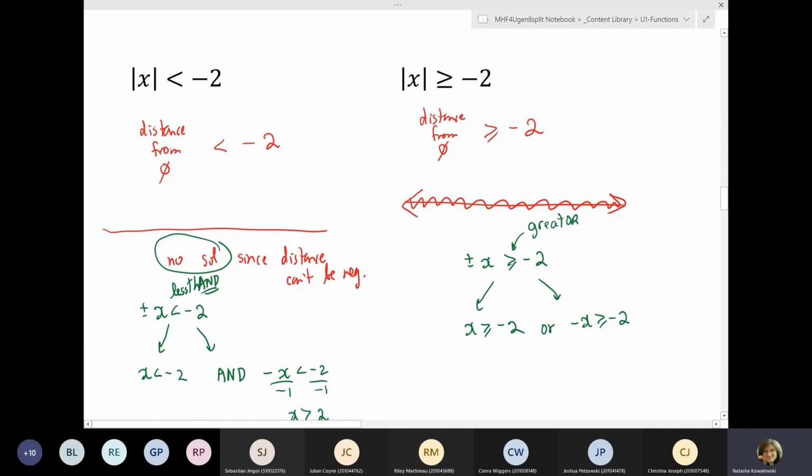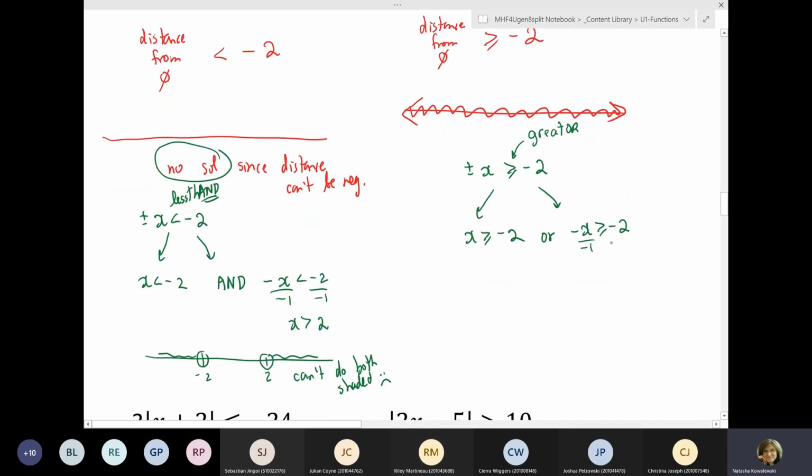So you have to put the word or, divide by negative on this side, flip the sign. And so when you're plotting this, we're looking for -2 and greater than that, or +2 and less than that. And because it says or, that means everything gets shaded, just like we set up here. Questions about this?